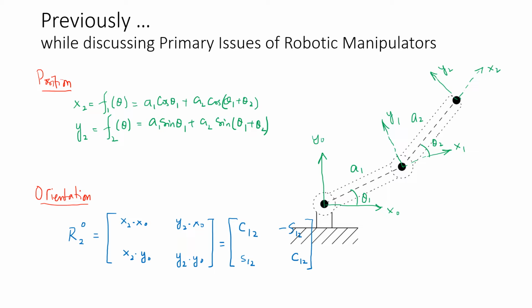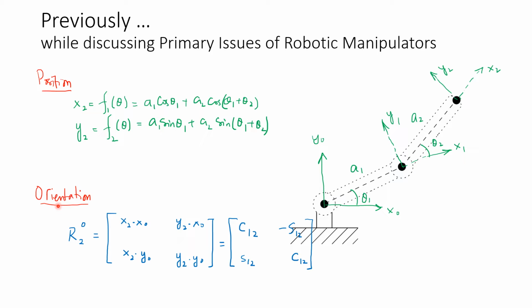Now if you observe how we have defined this frame over here for the end effector, we have two disjointed representations, one which corresponds to position and the other which corresponds to orientation.